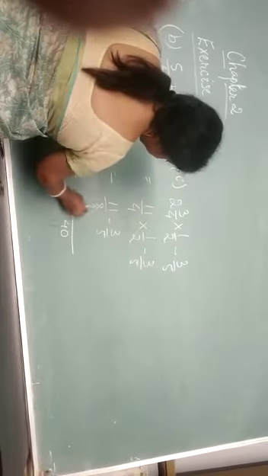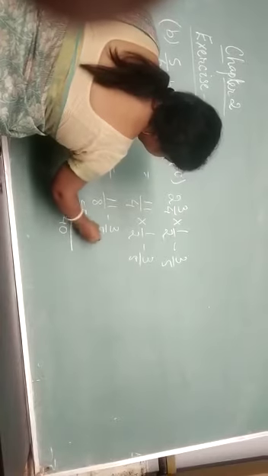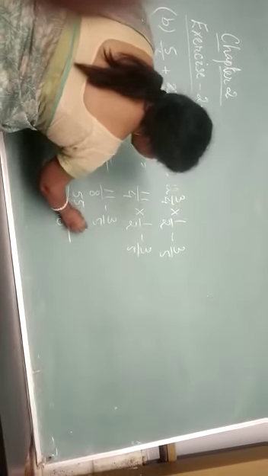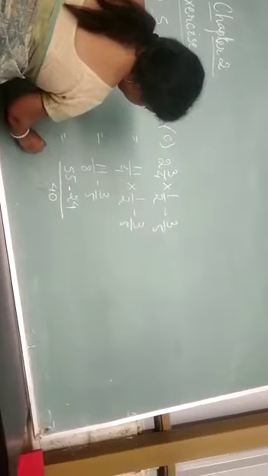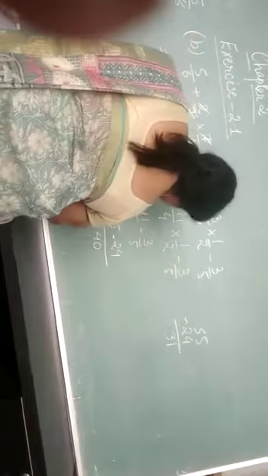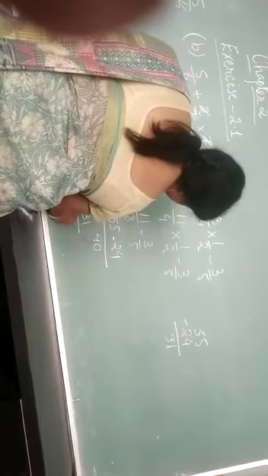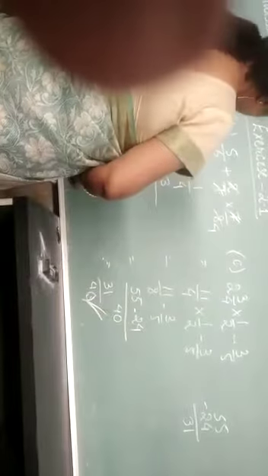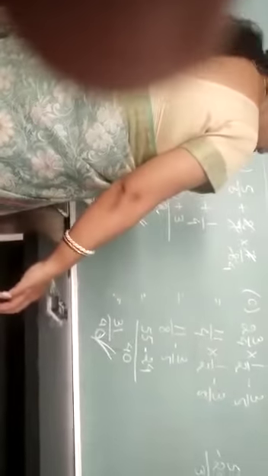So 8 5s are 40, 11 5s are 55 and 5 8s are 40, 8 3s are 24. So how much do we get when we subtract it? 55 minus 24 is 31 by 40. So question number D, E, F will be for your homework.